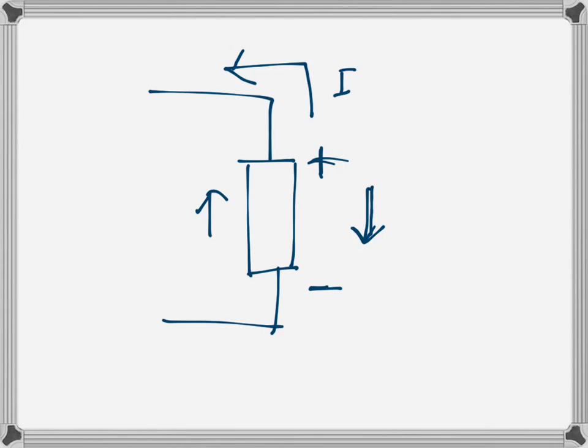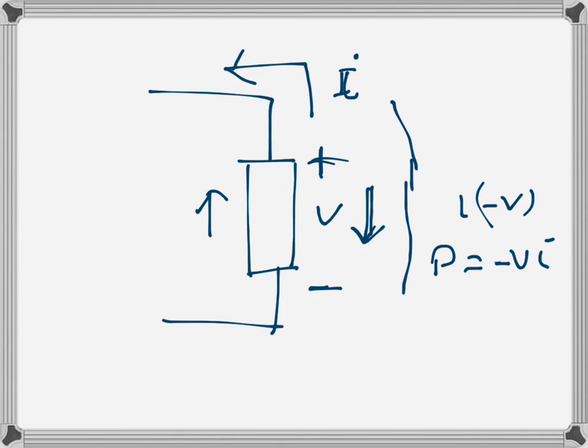So if we go in this direction, in terms of the direction of the current, the voltage drop direction is negative, because the drop is happening in the other direction. So if we go that way, I and minus V, so power is negative VI. That means this is power supplied. This is how we can assign a sign to the power to say whether it's positive or negative.